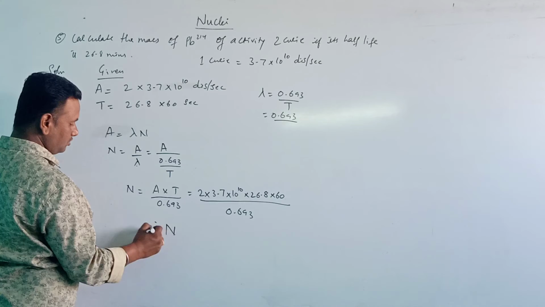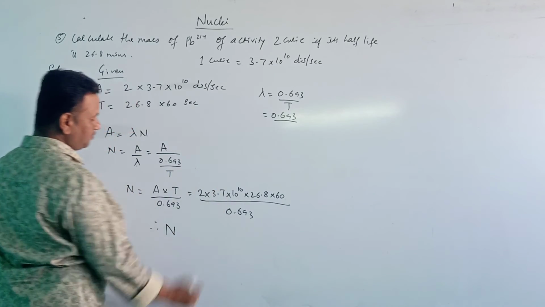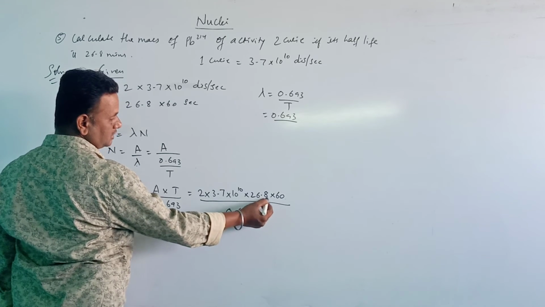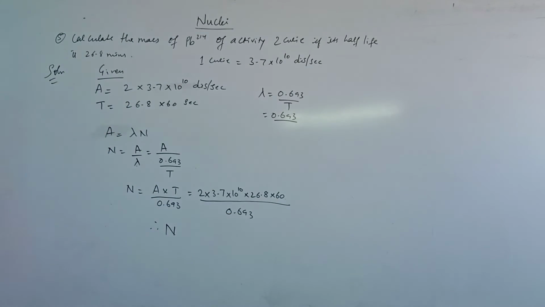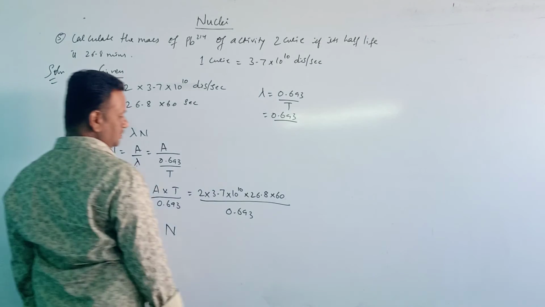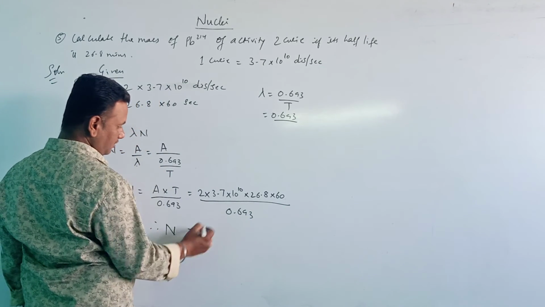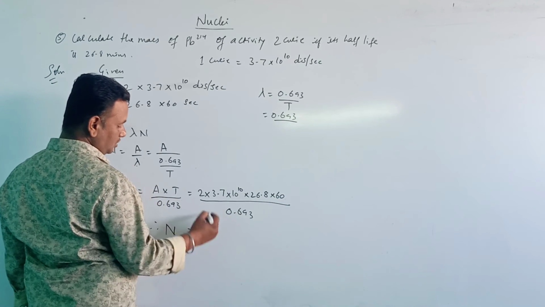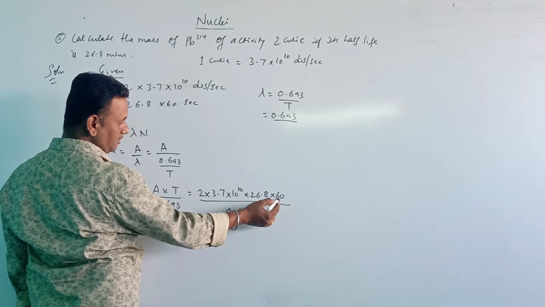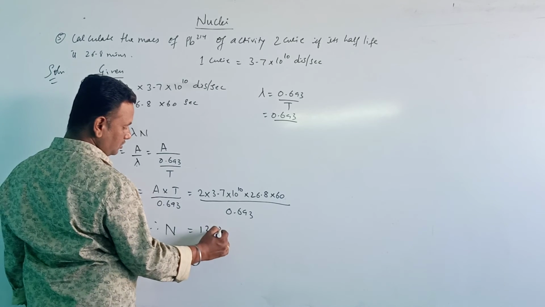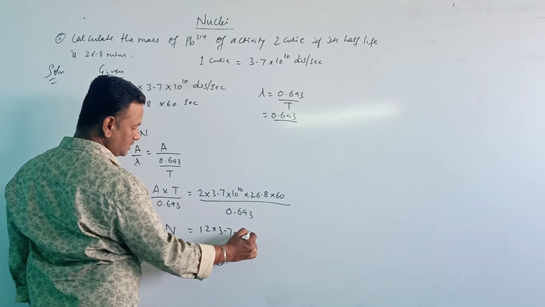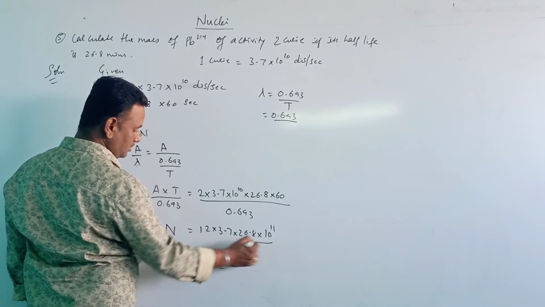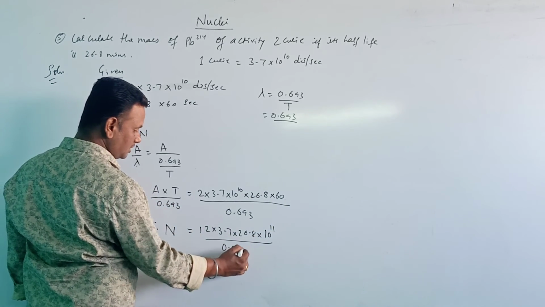So n is equal to 2 into 3.7 into 26.8 into 60. If I take this 0 separately, then 2 into 6 is 12. So 12 into 3.7 into 26.8 into this 0 adds here, 10 to the power of 11, divided by 0.693.